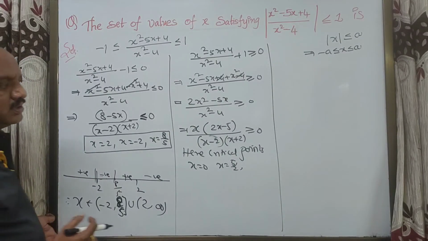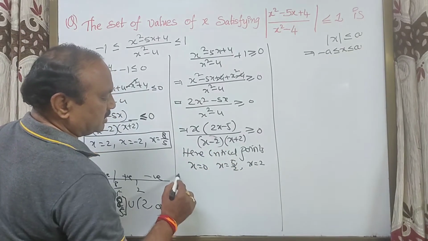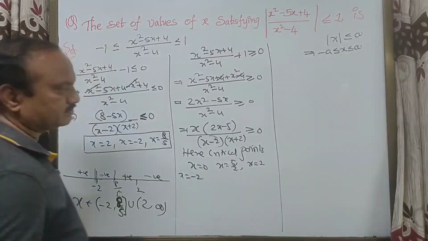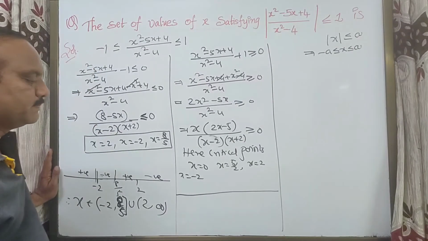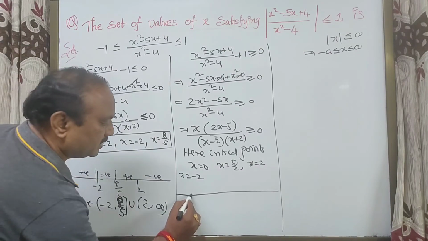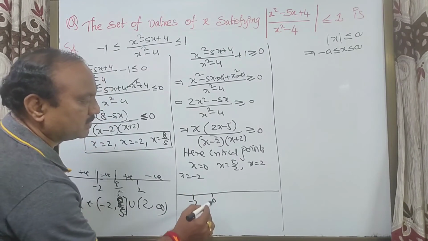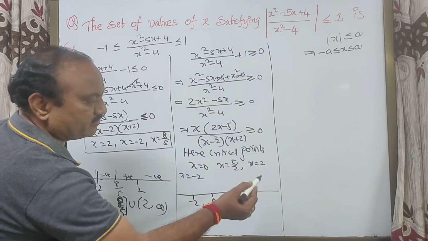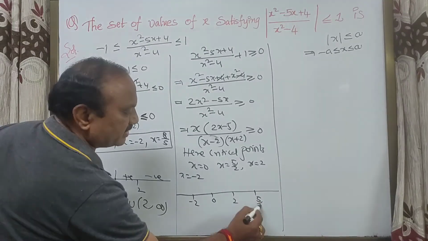Understood? Next, undefined values are x equal to 2, x equal to minus 2. Now take the sign change curve process. Here is minus 2 and then comes 0. 5 by 2 is 2.5. Here is 2. Here is 5 by 2.